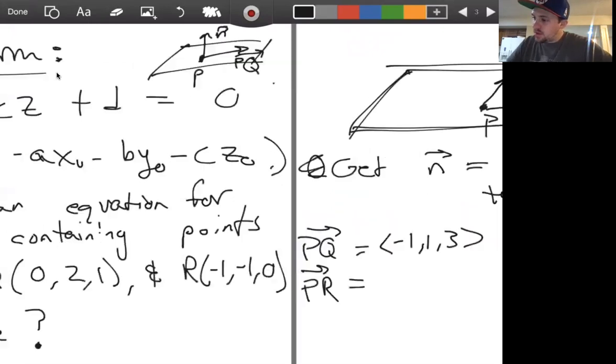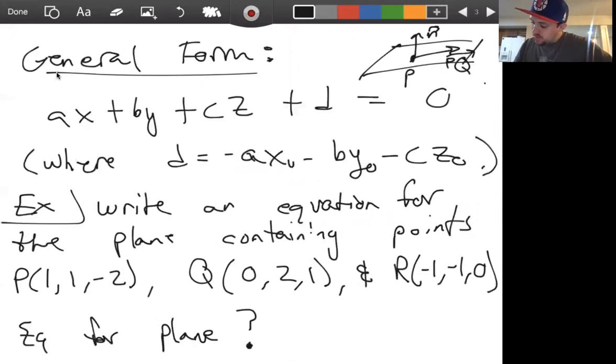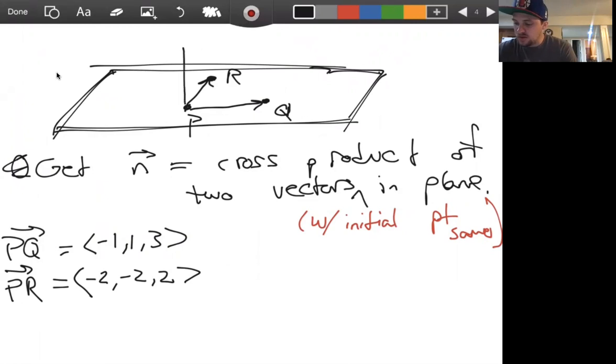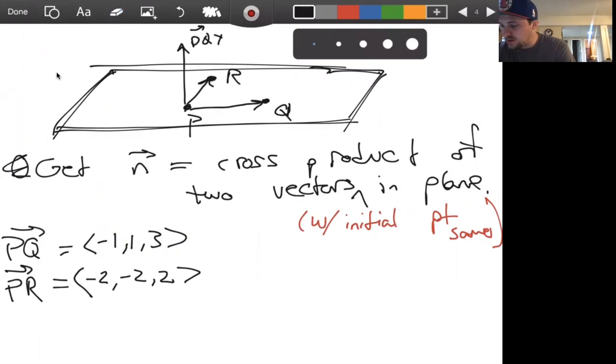And then similarly, PR is going to be -2, -2, 2. And now these are our 2 vectors in the plane. We need their cross product to get us a normal vector. So the normal vector that we want is PQ cross PR.